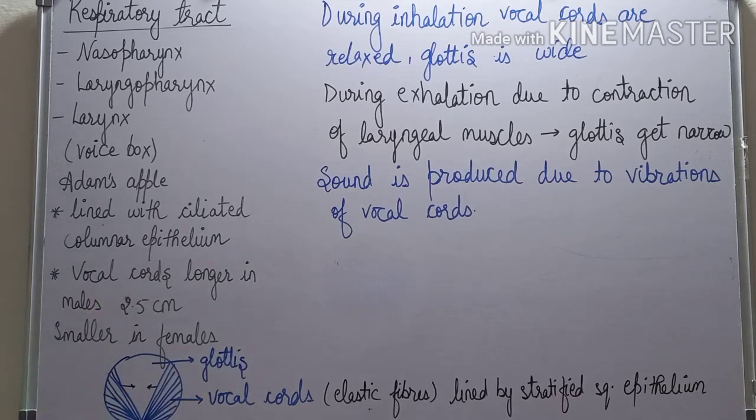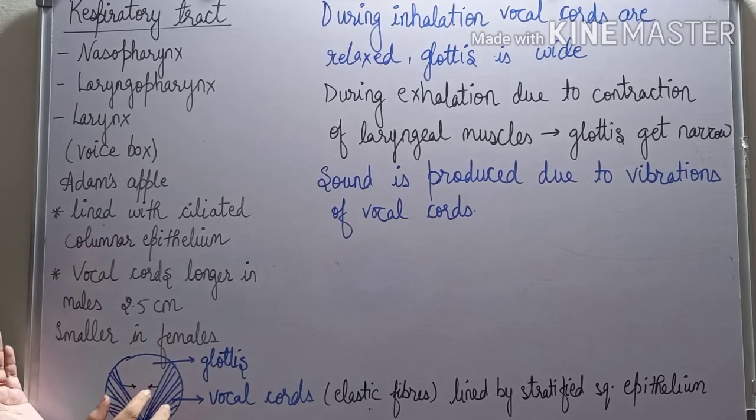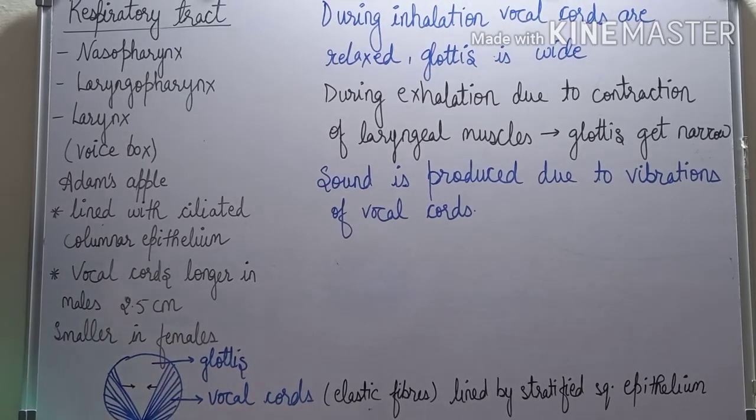The diaphragm rises up, the lungs get contracted, the laryngeal muscles get contracted, and due to contraction of the laryngeal muscles, the vocal cords get contracted, and the glottis becomes narrow.